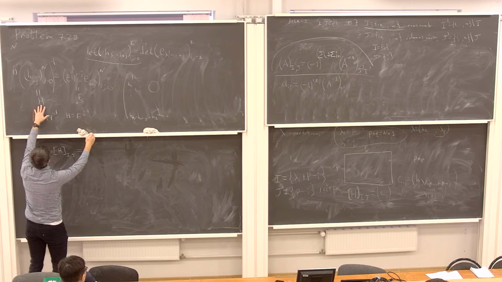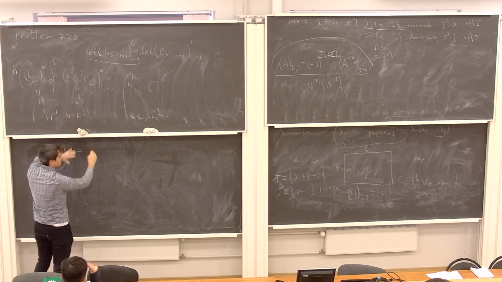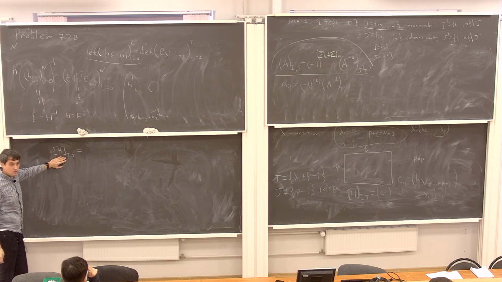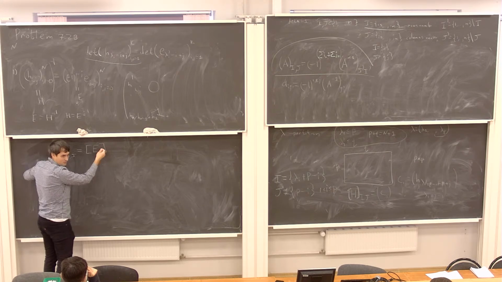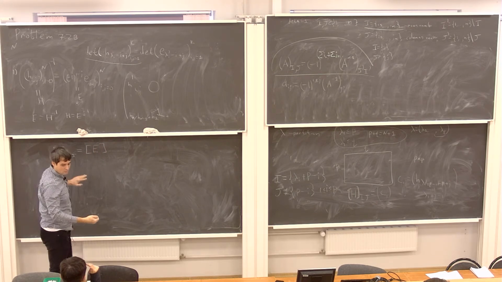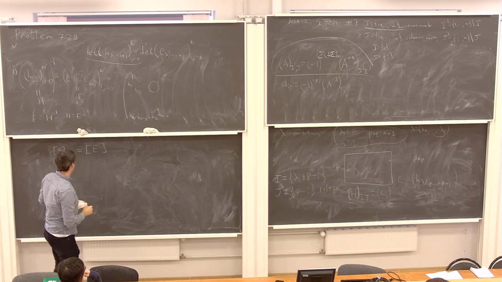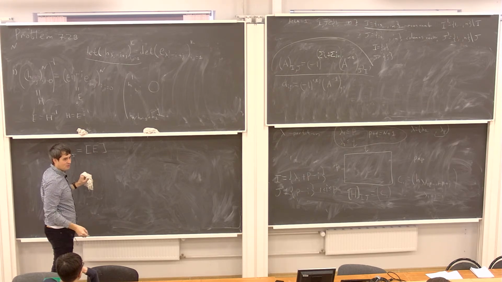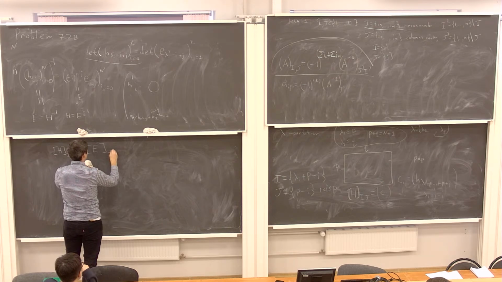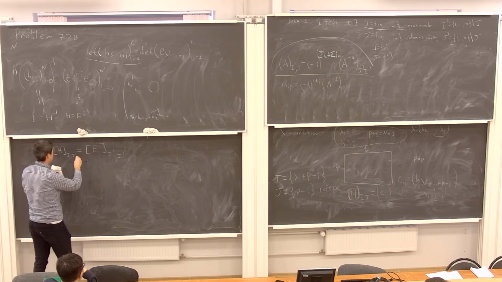H is not a series, it's just a matrix, and E is just a matrix. I want to have some minor of E here. Which one? What is the connection between some minor of H and some minor of E? E, J transposed, and with a sign, right?